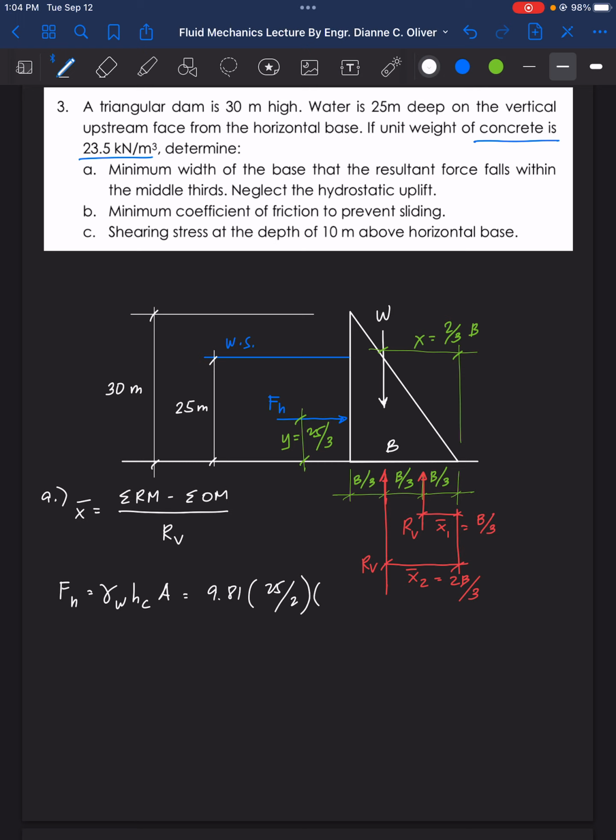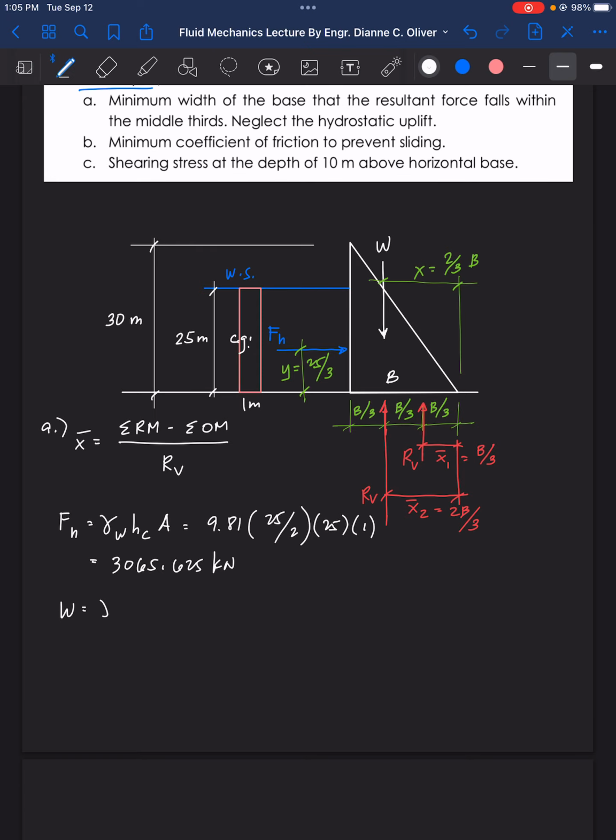And then the projected area, CG, is 1 meter width by 25, so the area is 25 by 1. So FH now is equal to 65.625 kilonewton.